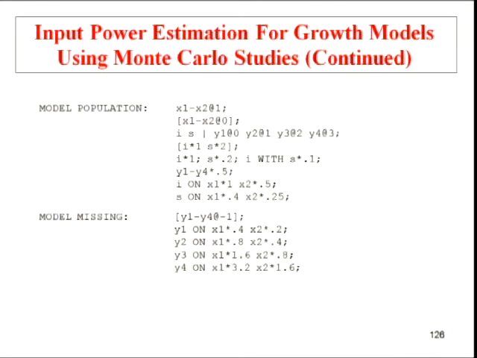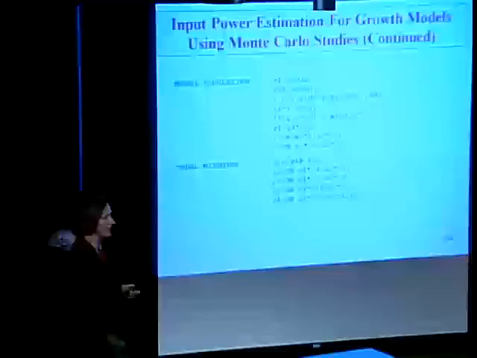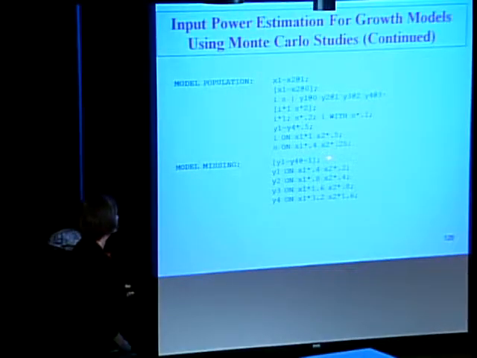Now, if you only had the intercept value in the bracket, you would be generating data missing completely at random. I think we're saying 23% randomly missing data over all of the time points, so the same amount for each variable.